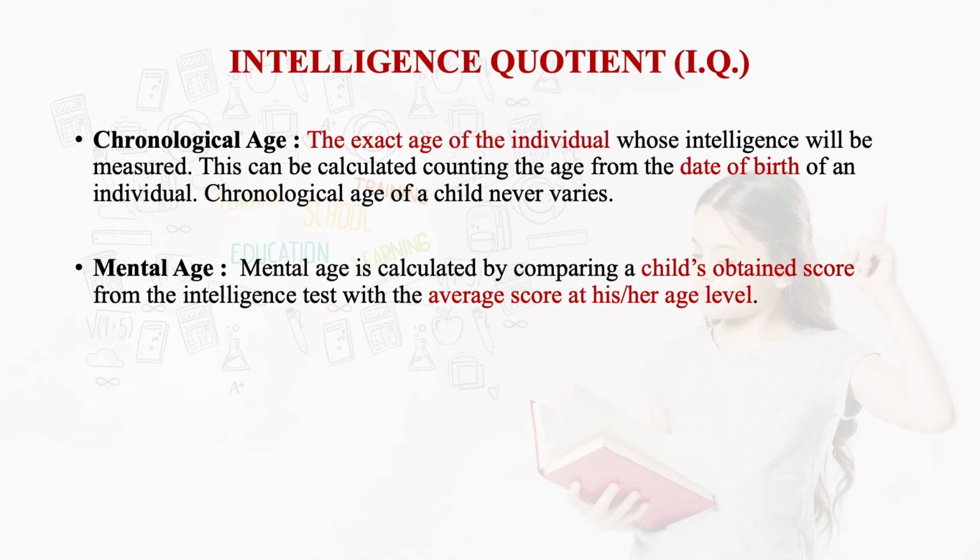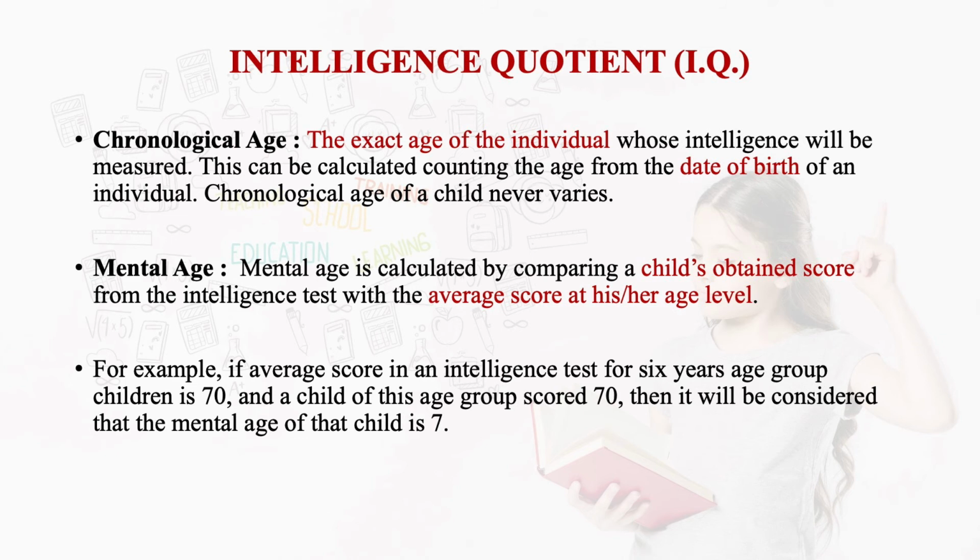But mental age varies. Mental age is calculated by comparing a child's obtained score from the intelligence test with the average score at his or her age level. Just like you have administered an intelligence test for 8th standard students, or you can select for a 14 age group student. So for the 14 age group students, what should be the average?